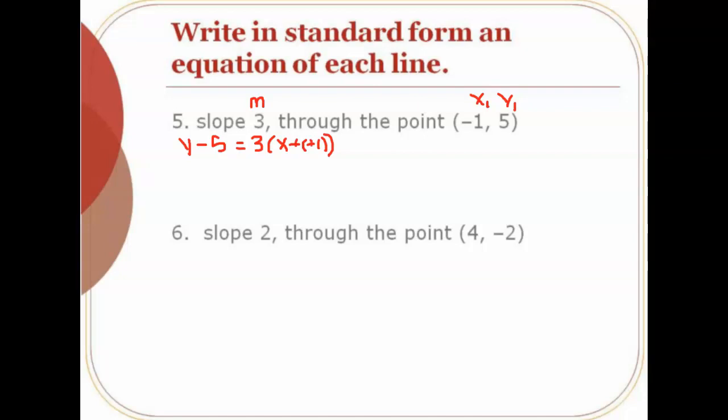To get this in standard form, we have to get the x's and y's on the same side. So we're going to distribute the 3. So I have y minus 5 equals 3x plus 3. I'm going to subtract the 3 from both sides, as well as the y.